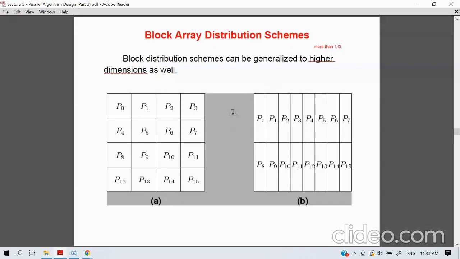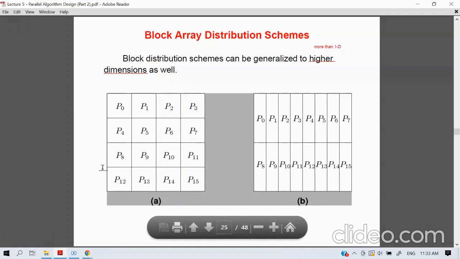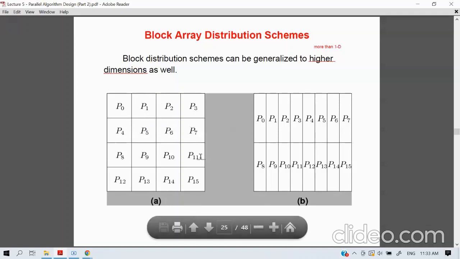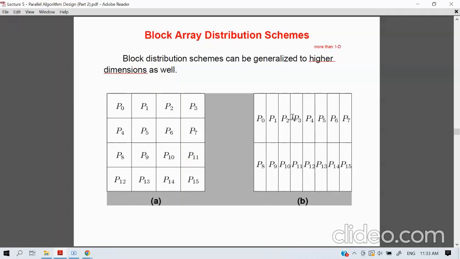If it has one big data or task, that task can be mapped into blocks like this, this kind of blocking scheme. Either you do it like this, P0 until P7 horizontally, then P8 until P15, or you can do it like this, the left one.